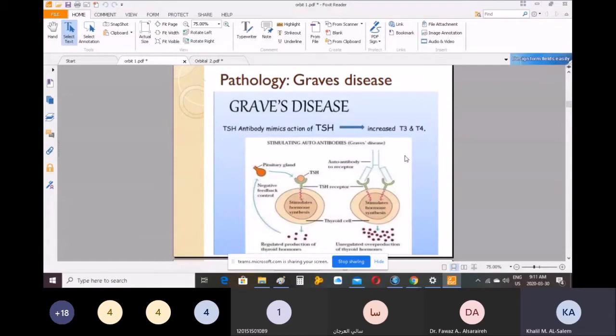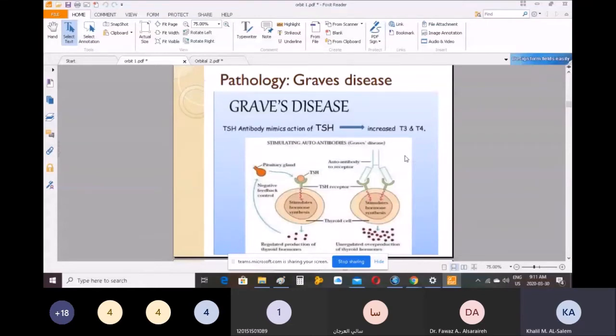And we have type 3, which is immune complex deposition, where you have the epitope and the immunoglobulin G depositing inside the tissue. And the last, which is cell-mediated, for example, contact dermatitis. This is a cell-mediated hypersensitivity reaction.